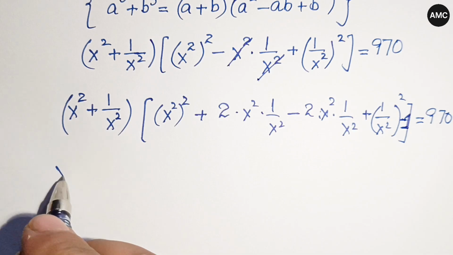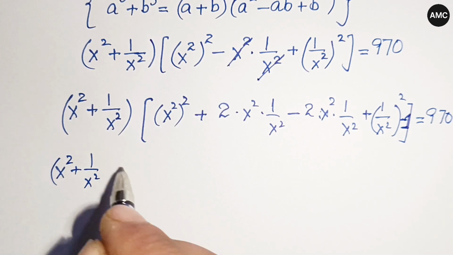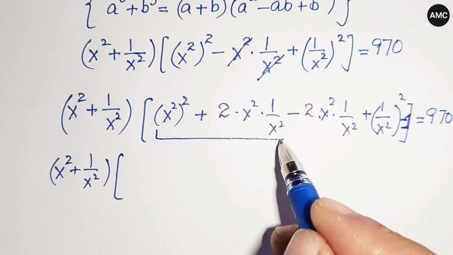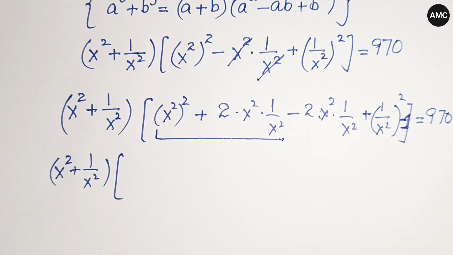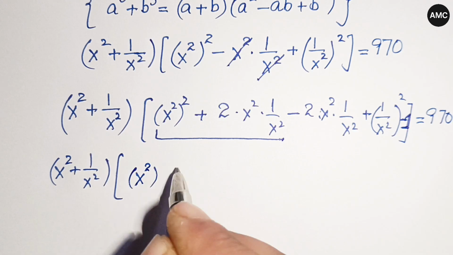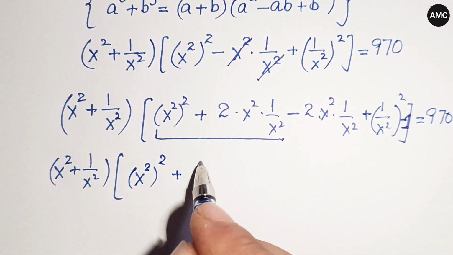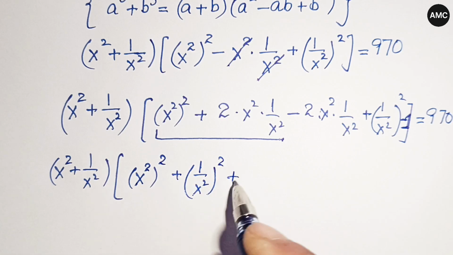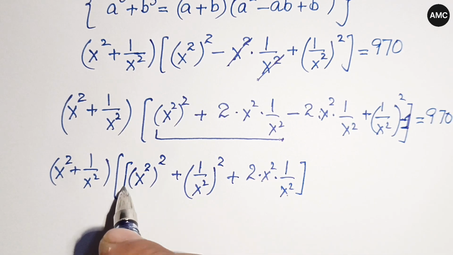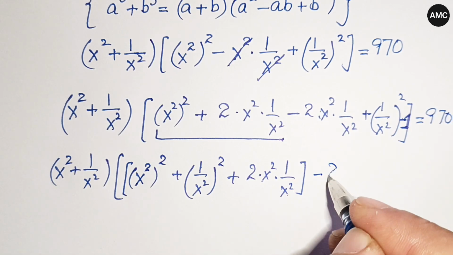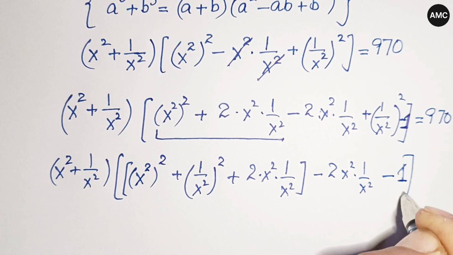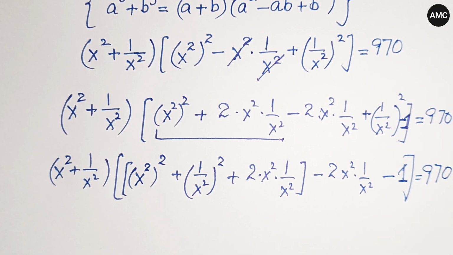So here x squared plus 1 over x squared times, we see that it is our a squared plus 2 times a times b plus b squared, where 1 over x squared is our b squared. If we rearrange, that is x squared whole squared plus 1 over x squared whole squared plus 2 times x squared times 1 over x squared. Inside the bracket we get minus 2 times x squared times 1 over x squared, and here we have minus 1, equal to 970.